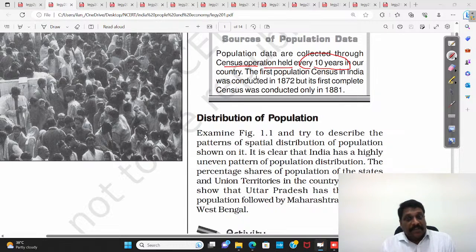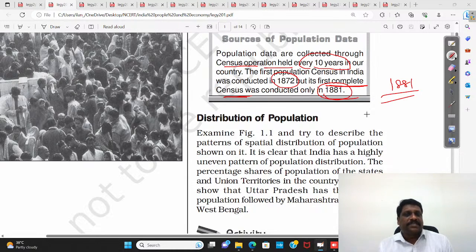The first population census in India was conducted way back in 1872, but its first complete census was conducted only in 1881. After 1881, every 10 years we started having the census data as such.